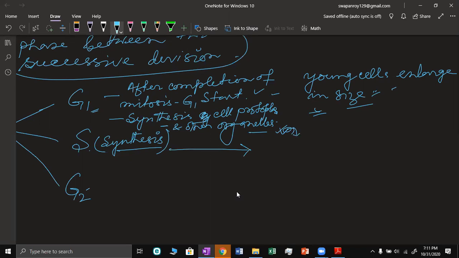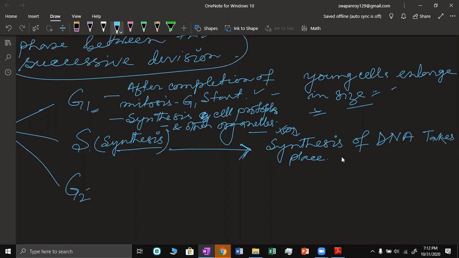Chromosomes have to increase. Doubling of the chromosomes or the genetic material is required. So in this S phase, the synthesis of DNA takes place.